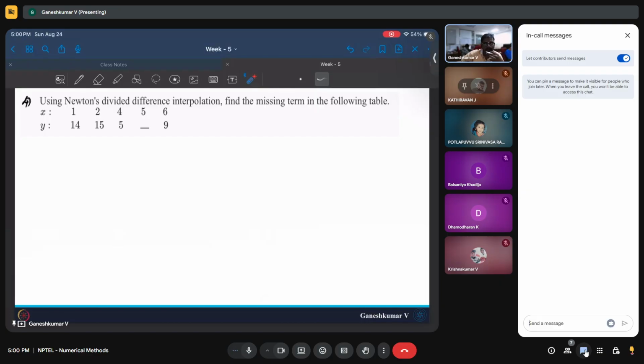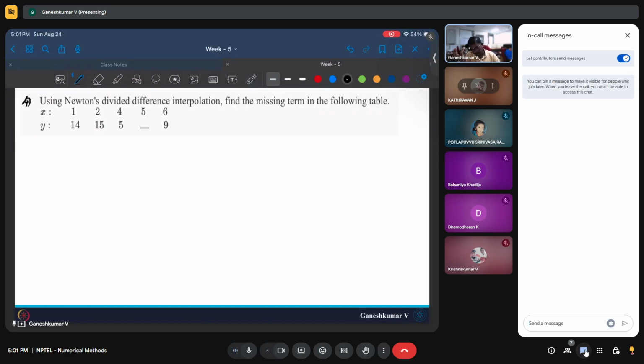Here we cannot do that because our intervals are changing unevenly. Here it is changing by 1, here it is 2, here it's again 1. You could actually fit a third order or fourth order polynomial here, but since they have asked to use Newton's divided difference interpolation, we should follow what they have asked. So we are going to construct the same table.